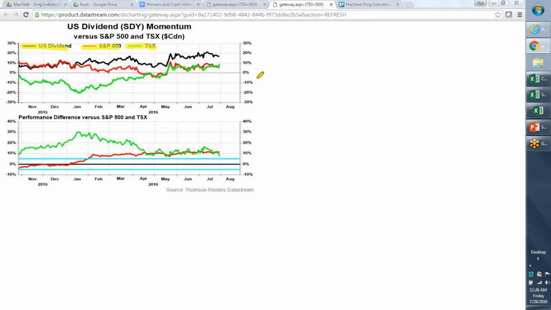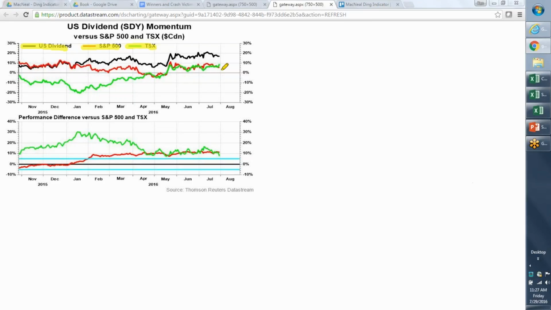And this line, once again, is a running 9-month momentum. So at the moment, over the last 9 months, this ETF has done about 18% higher than it was 9 months ago. And the Canadian market and the US market are 8 or 9% higher than they were 9 months ago. So that is illustrated down here as well.